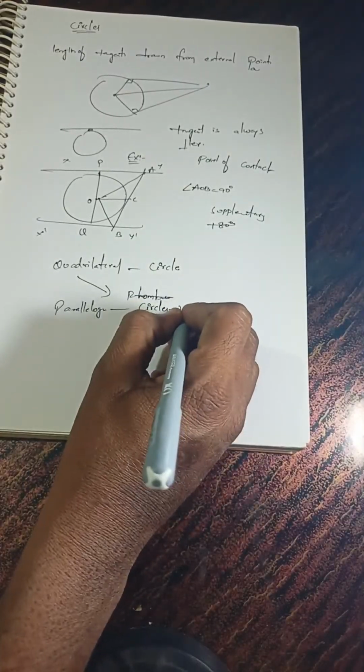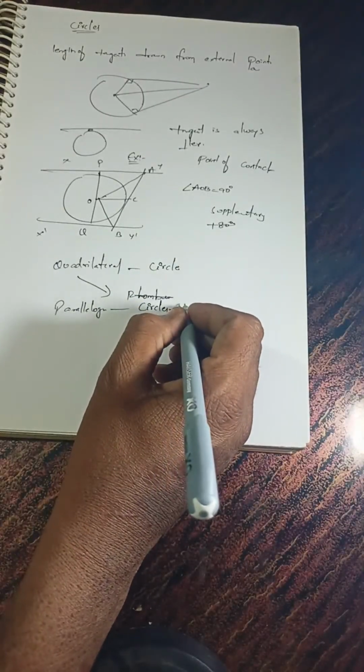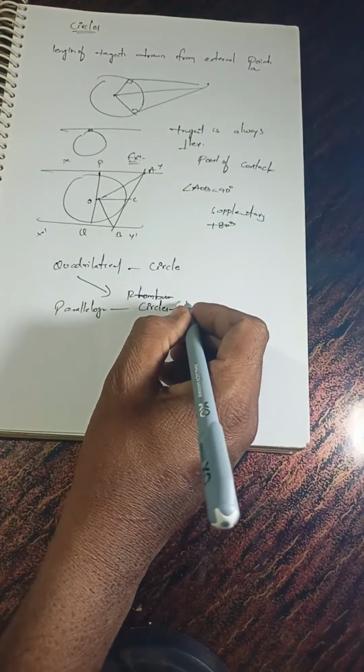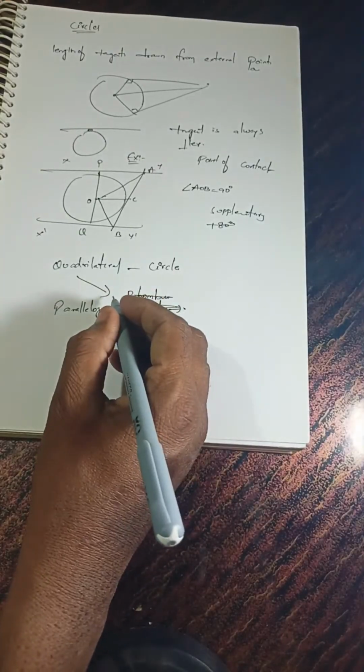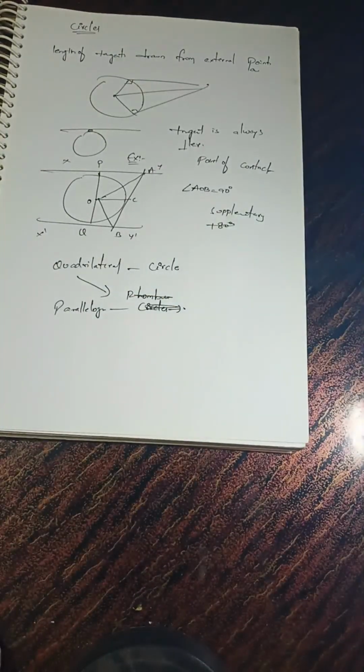So here you have to prove that a parallelogram circumscribing a circle is a rhombus.